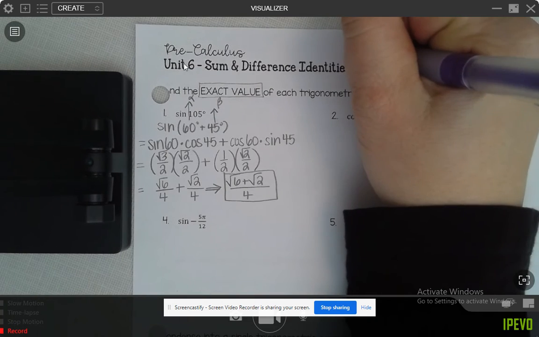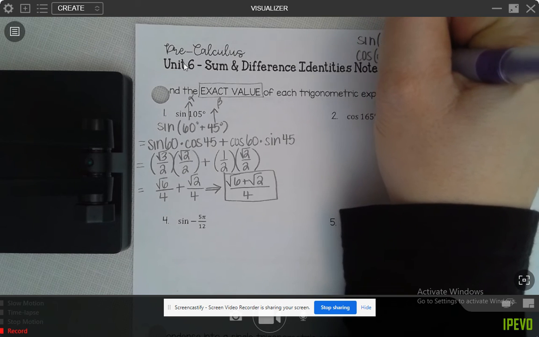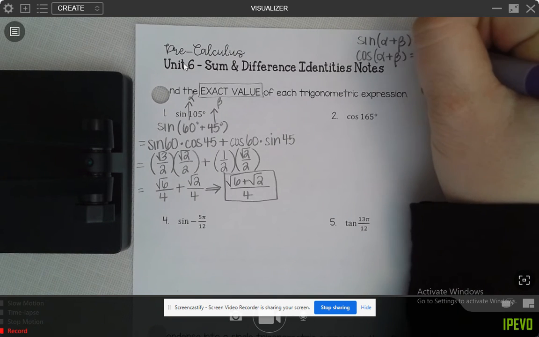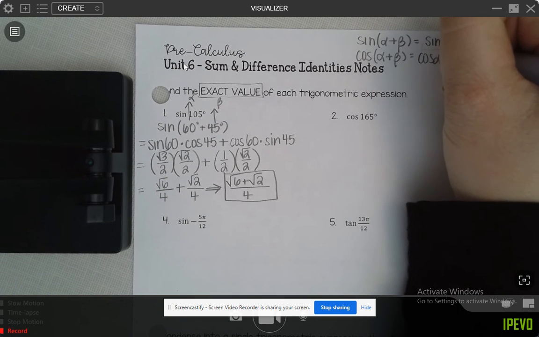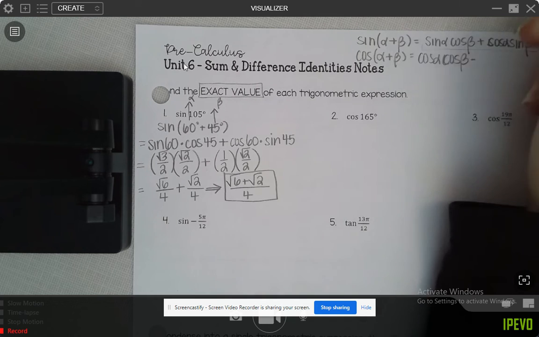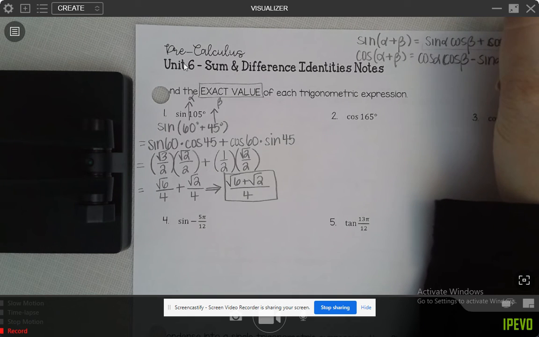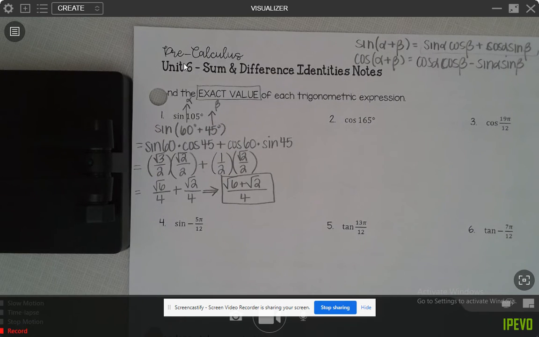And the same with the cosine. I guess I should have written that down. Cosine of alpha plus beta equals cosine alpha, cosine beta, minus sine alpha, sine beta. 2 angles. What's one of them? 45. So how do you find the other one if one is 45?